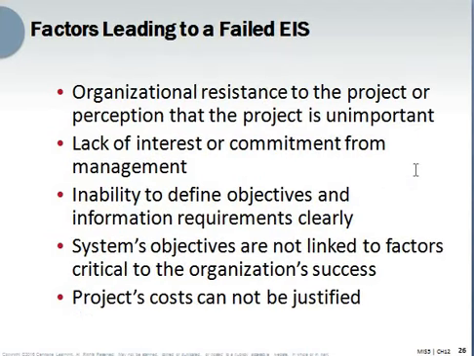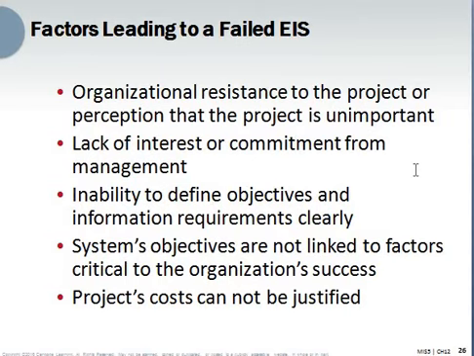Factors leading to a failed EIS. Suppose the company has developed and customized an executive information system and it has failed, then what could be the reasons? Organizational resistance to the project or perception that the project is unimportant. The people in the organization, even the top management, think that the development of EIS is not very important.